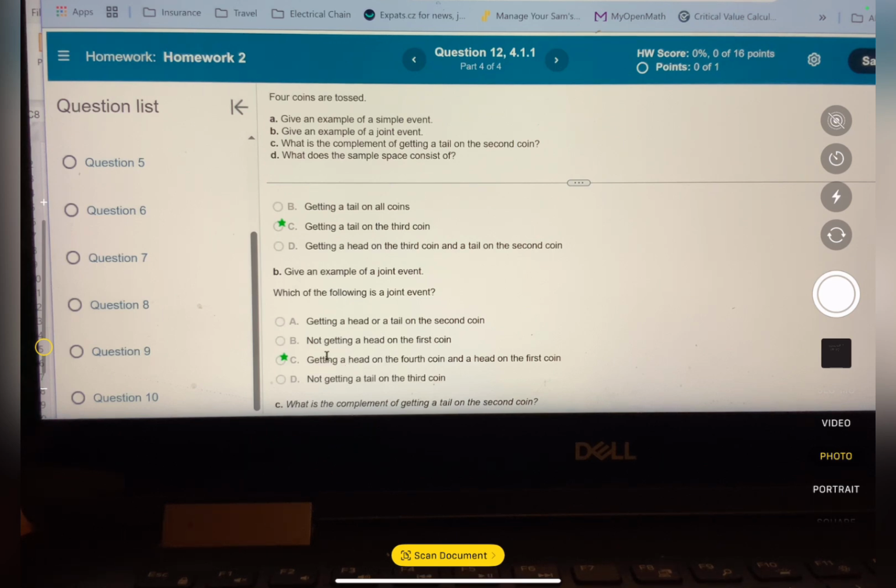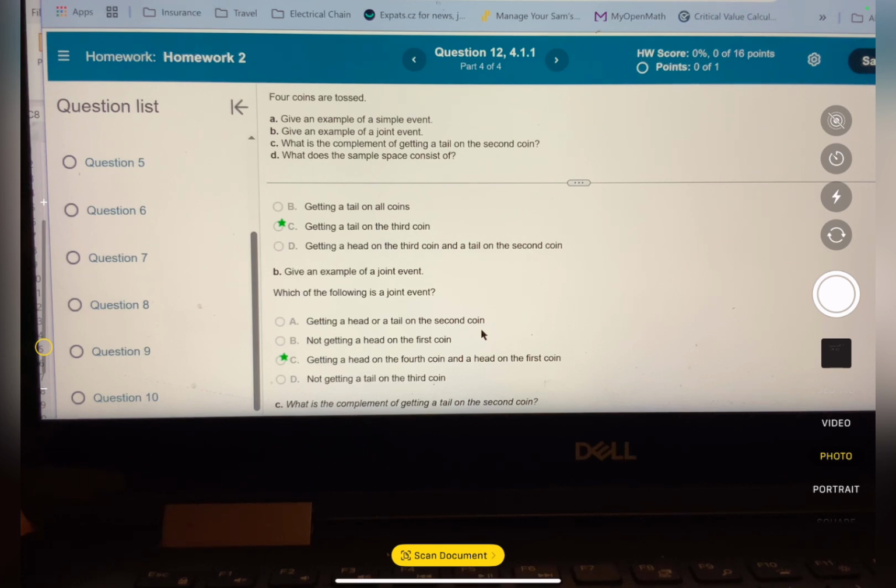B, not getting a head on the first coin. So it's not a joint event because only one outcome. C, getting a head on the fourth coin and a head on the first one. So there is a joint event, two outcomes at the same time. Okay, first and fourth.